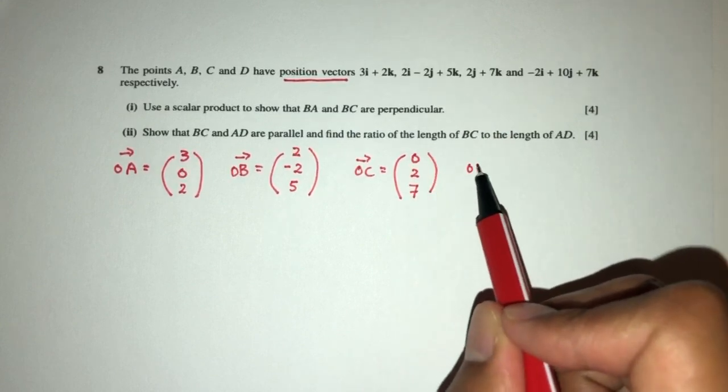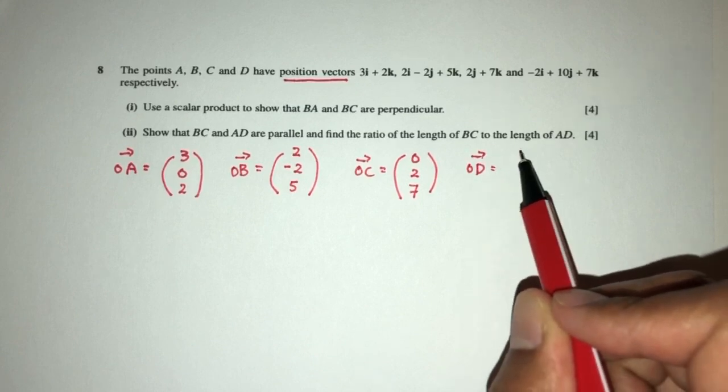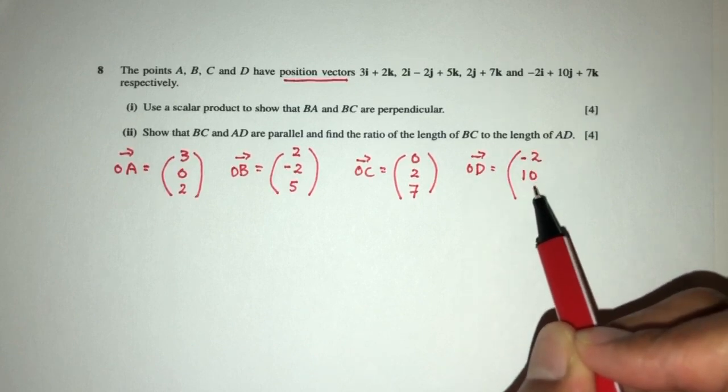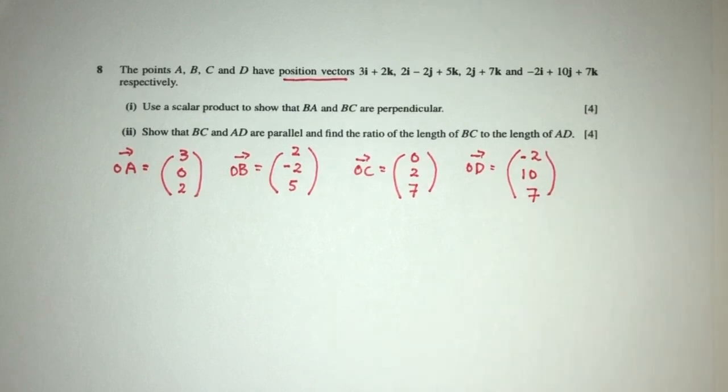And finally OD is minus 2, 10, 7. These are the position vectors of A, B, C, and D given to you by the question.